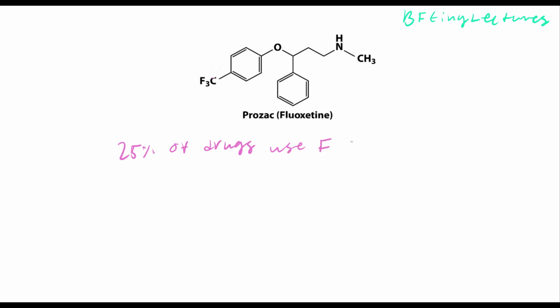So essentially, the reason why they use fluorine instead of hydrogen, for instance, you have F3C and not H3C, is because fluorine is very electronegative, okay? And because it's so electronegative, it's going to be taking away electrons from the benzene ring or some structure.